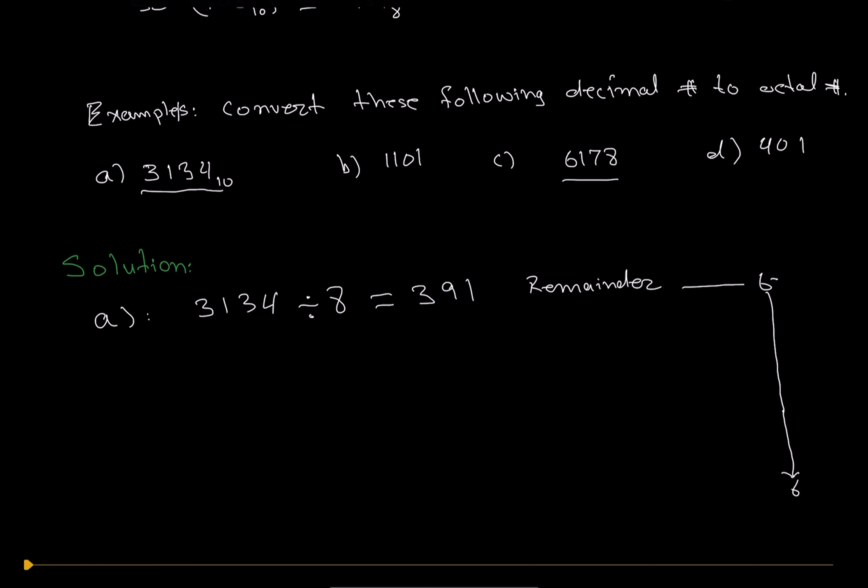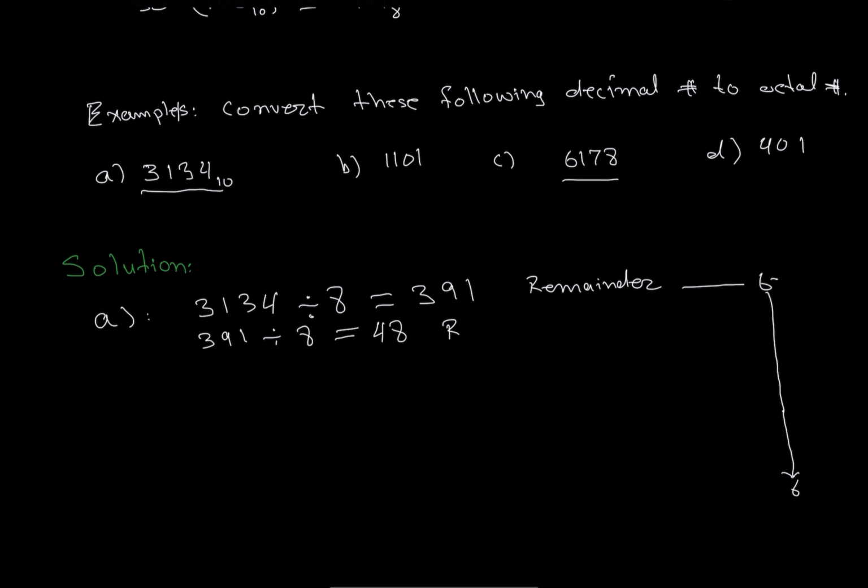Okay, now the new quotient is 391. That divided by 8 will give me 48 as a quotient, and we will have a remainder of 7.